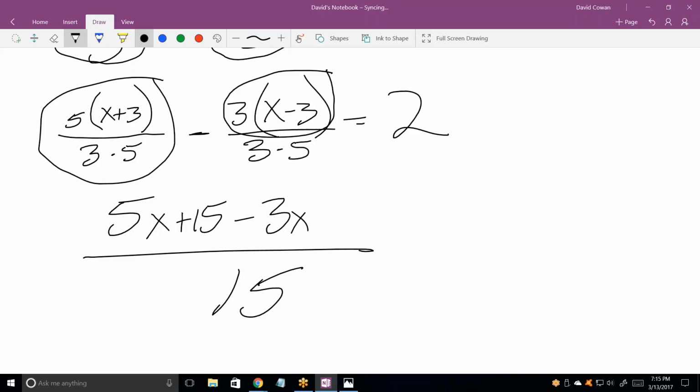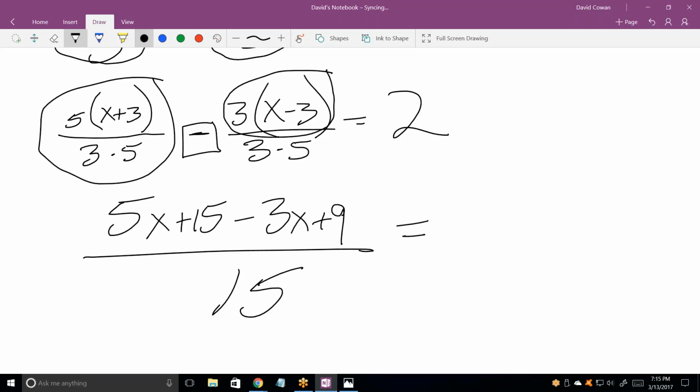Is it minus 9 or plus 9? Plus 9. The reason I put those parentheses in there is because this negative sign has to be distributed to all terms in that numerator. If it was a plus sign, I wouldn't need the parentheses. But since it's a minus sign, I do need the parentheses.